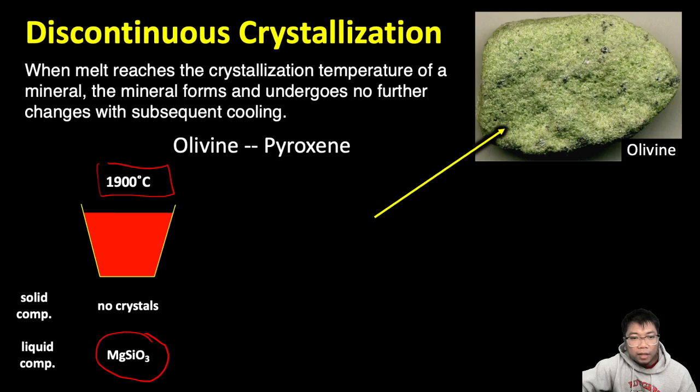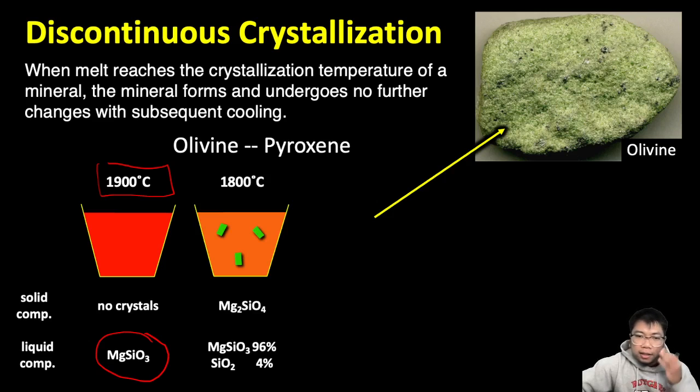Now, what happens here? I'm going to drop the temperature like I did earlier, and at 1800 degrees Celsius, I will start to have one mineral forming, which is called olivine. And that is the composition of olivine right there.